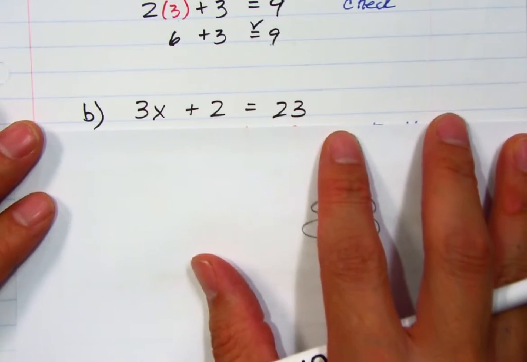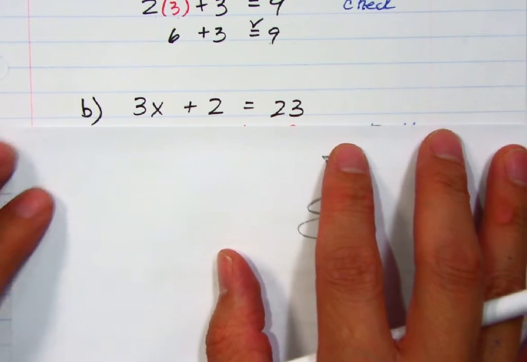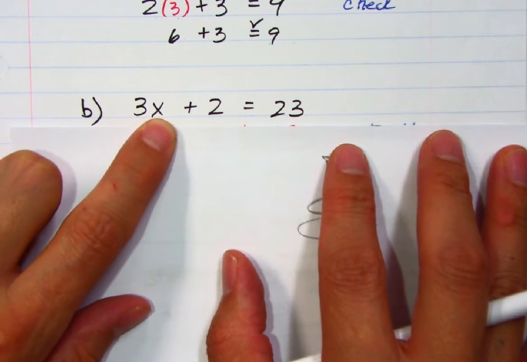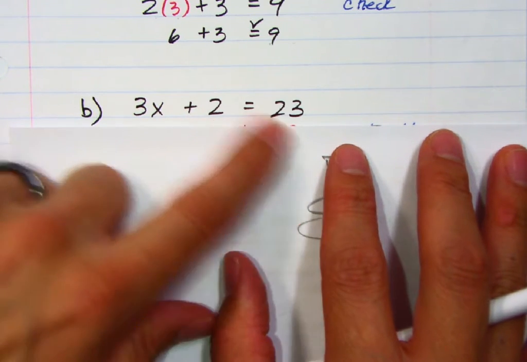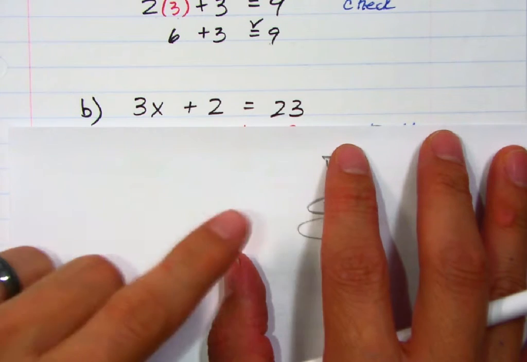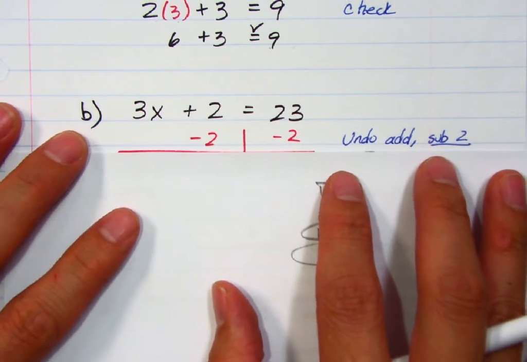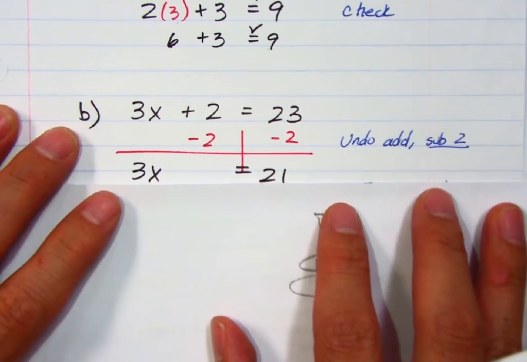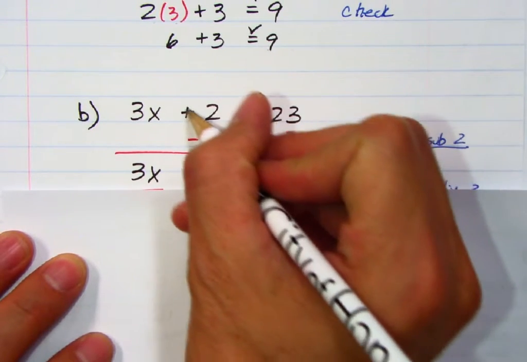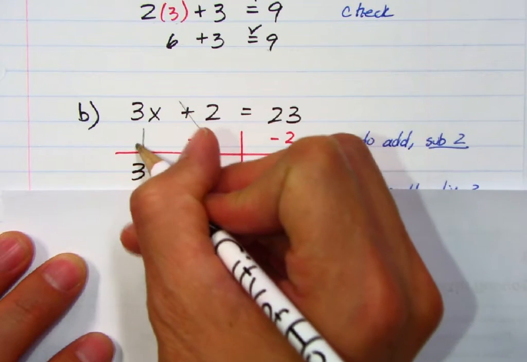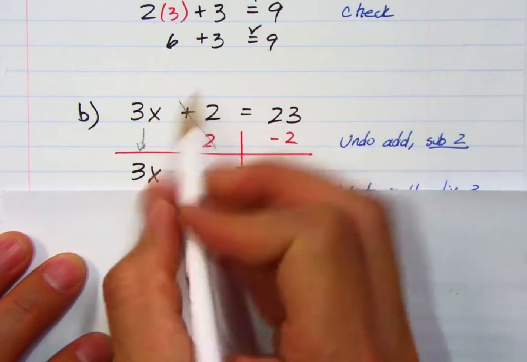All right, let's try another one. Here we go. What do we do first? Well, 3 times x plus 2 equals 23. If I go backwards here, get rid of any addition or subtraction first. Undo the addition by subtracting 2. By subtracting 2 on both sides, this crosses out. This drops down because that was left alone.